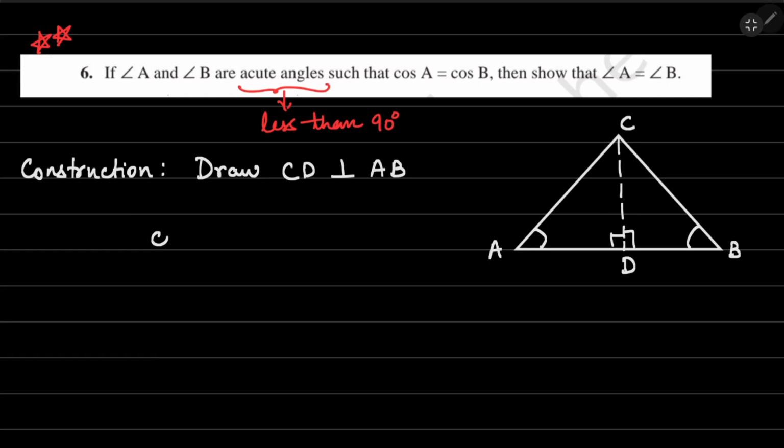Right, you are given cos A is equal to cos B. So if you see here, this CDA is one right angle triangle, CDB is another right angle triangle. In CDA, angle D is 90 degrees, so AC will be your hypotenuse.